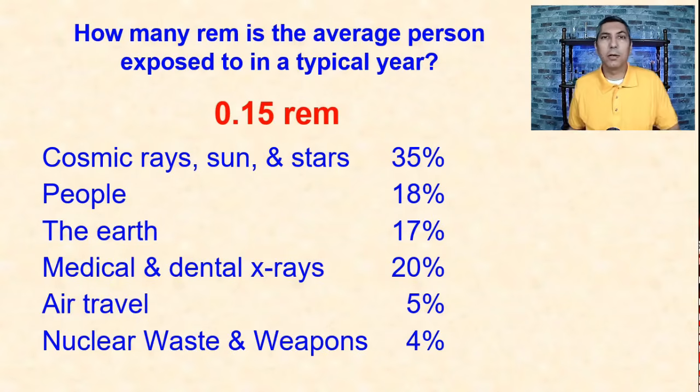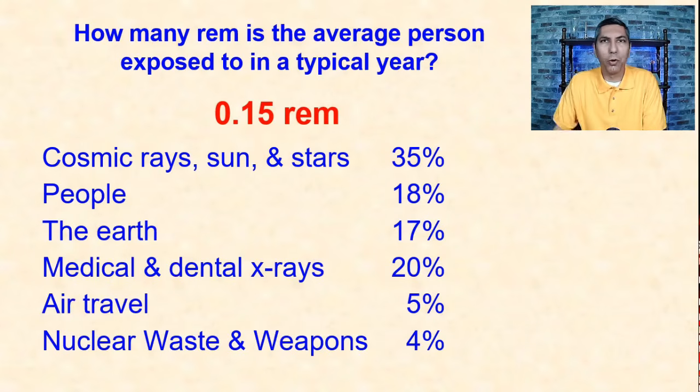Now, you might notice that there are some things on here that are not listed, that are not sources of ionizing radiation. What sources might be missing from this that maybe you thought would have been on the list? Well, how about microwave ovens? Microwave ovens are not significant sources of ionizing radiation.